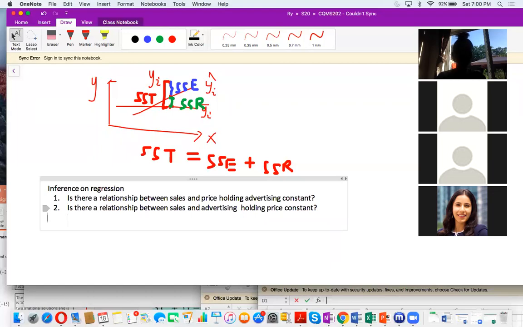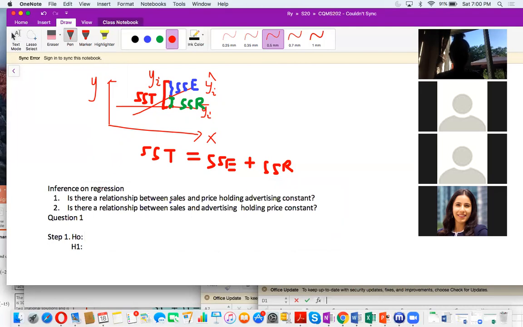To answer question 1, we can do 5 steps. Step 1, we set up the null hypothesis and alternative hypothesis. Because the first question is targeting the relationship between sales and price, H0 is beta 1 equal to 0.